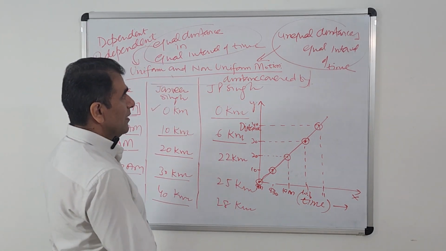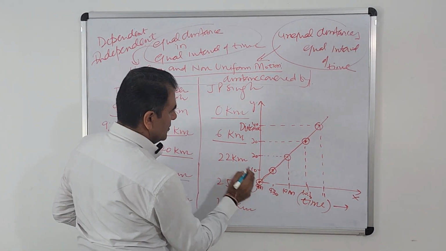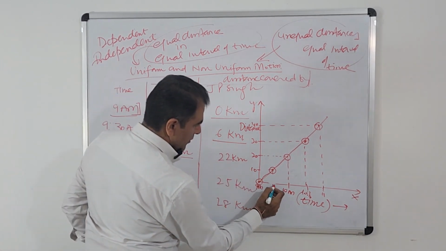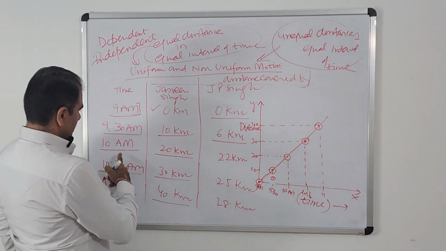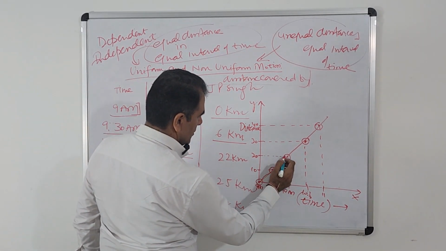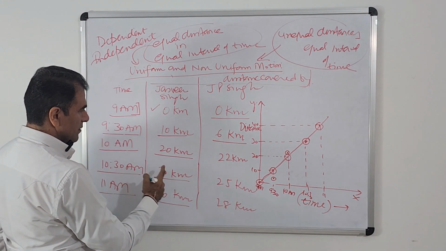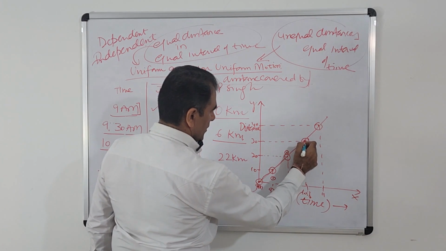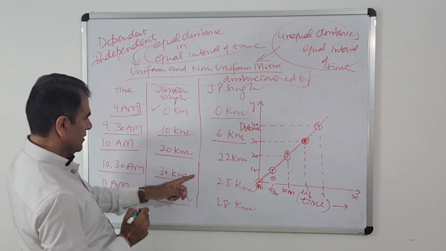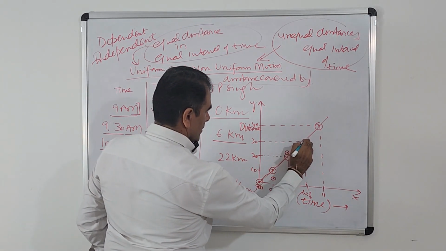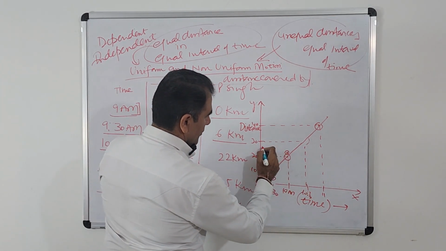Right? If we draw the graph for JP Singh, it will be somewhat different. At 0, it is 0. At 9:30, 6 kilometers. 6 is here. 10, 22. And 10:30, 30, here again, and 11, sorry, not 30, 25, sorry. So at 10:30 it is 25. 25 is here.